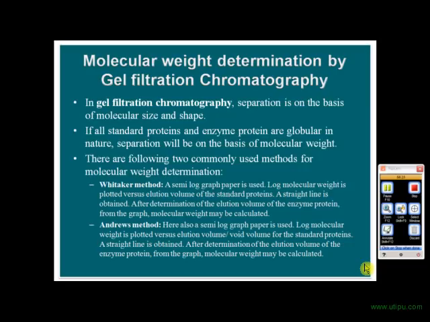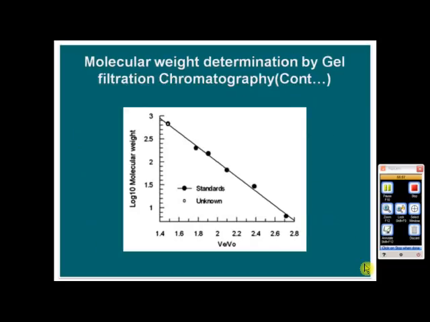If you want to determine the molecular weight, you first run known molecular weight markers in the gel filtration and collect their elution volumes, and then you run your desired enzyme, and by plotting a graph like this, you can calculate.